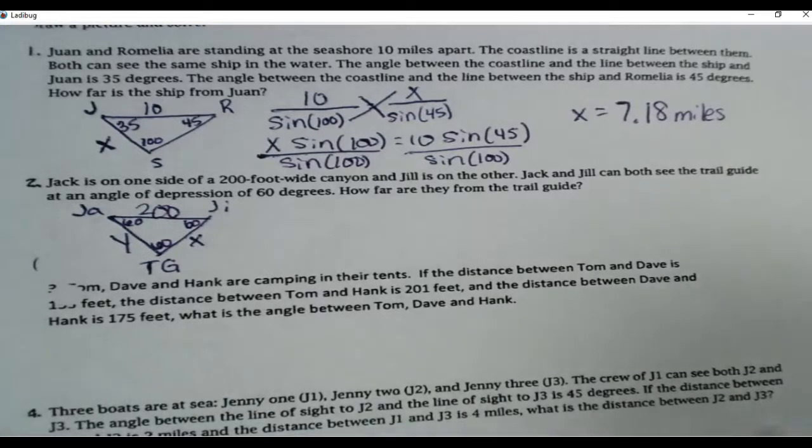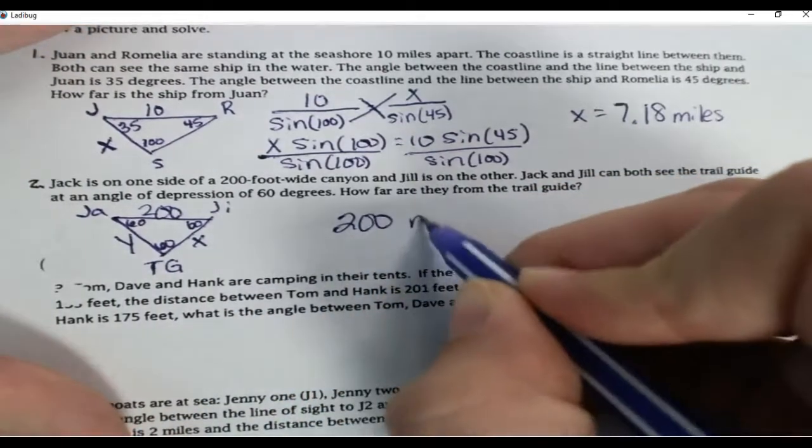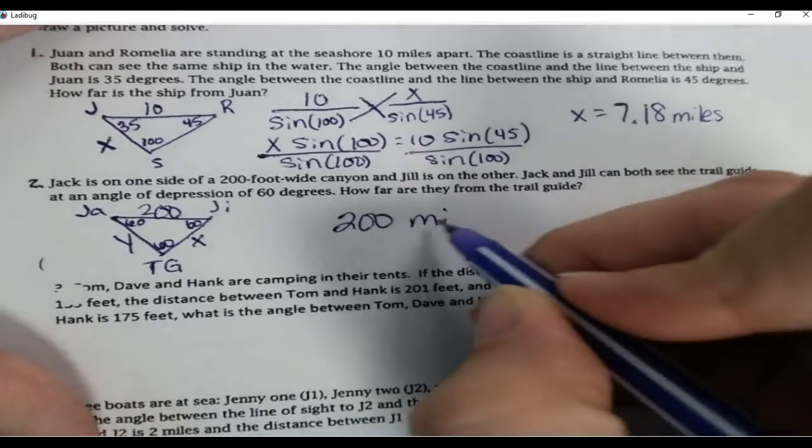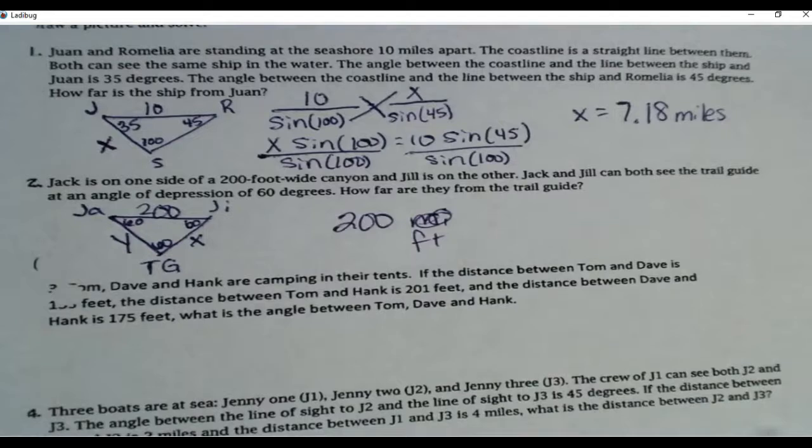Equilateral. So what does that mean about my sides? They're the same. So all of them are 200. Oh, just kidding, not miles, feet. Whew, it's a big canyon. Good. So that one we didn't have to do law of sines or law of cosines. You could and you get the same answer, but no point because we already know what it is.